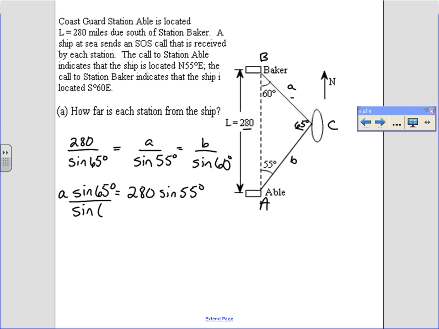Well, that's sine of 65. Those are canceled. Now, 280 times sine 55 divided by the sine of 65. Okay, so I got about 253.